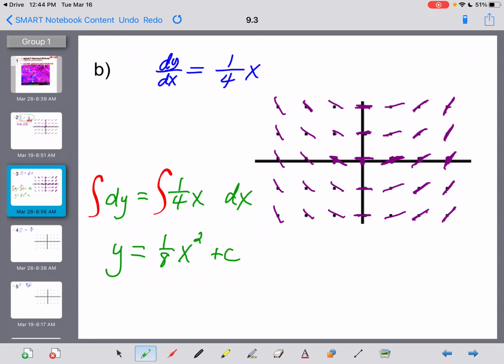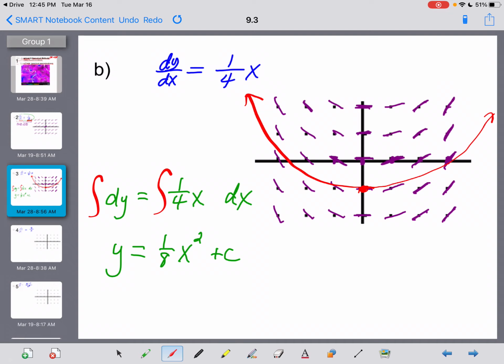So pick a c value. I'm going to pick -1 right over here. So one possible solution curve here would be y equals 1/8 x squared minus 1. Well, that would be an upwards opening parabola that would pass through the point 0, -1 and look something like that and fit that solution curve very, very well.